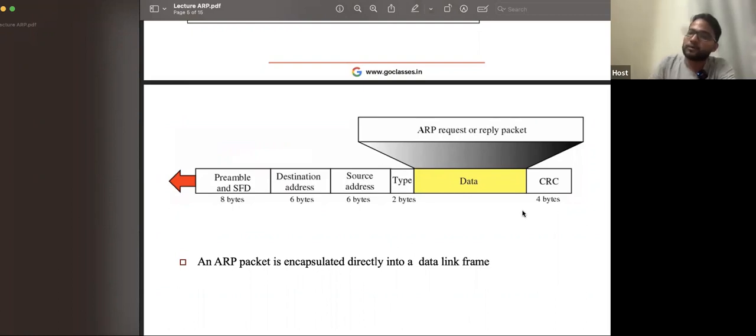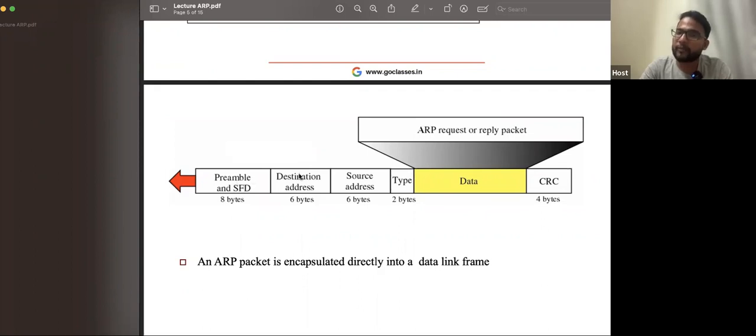These details are not that important, but I'm just telling you that you encapsulate this ARP packet in the data link layer, which means as data you will have this packet. And whatever protocol you are using, based on that, you will set up your data link layer header.